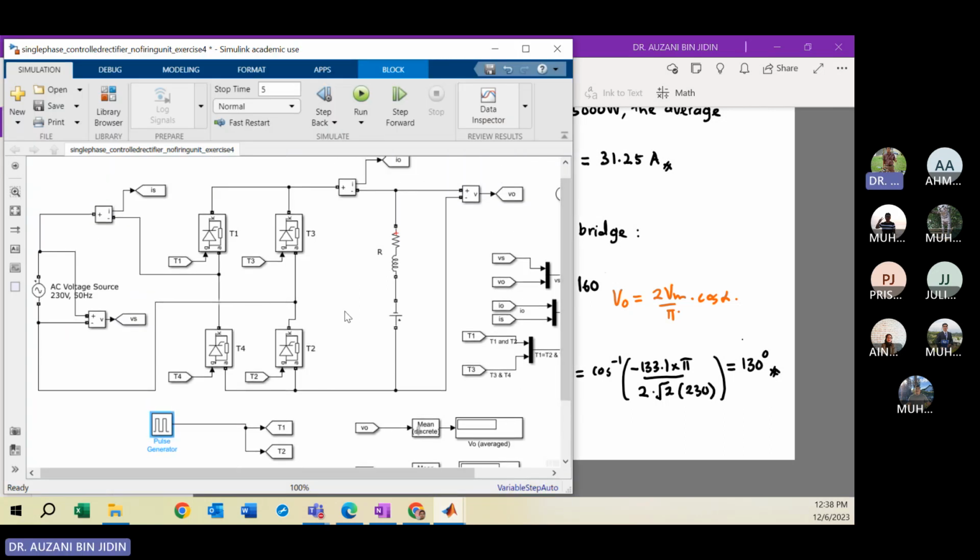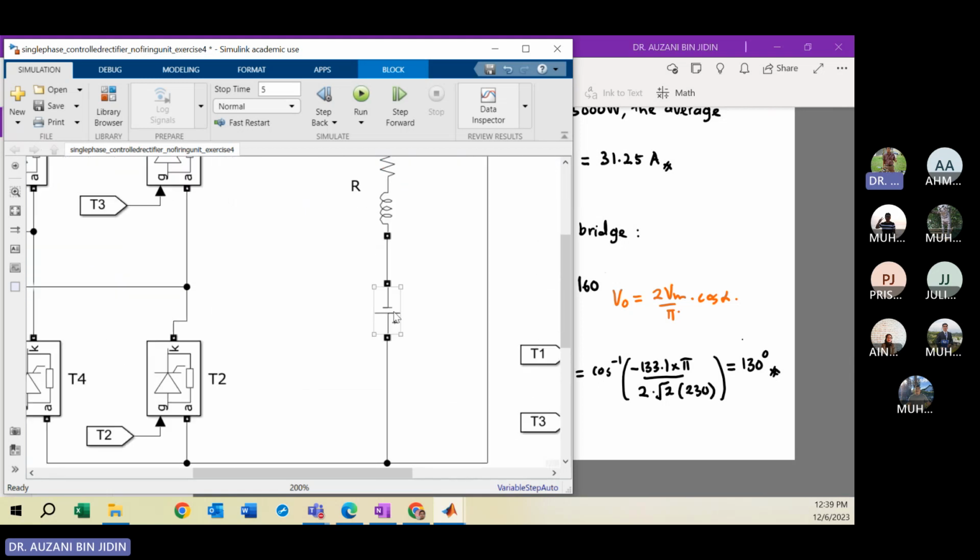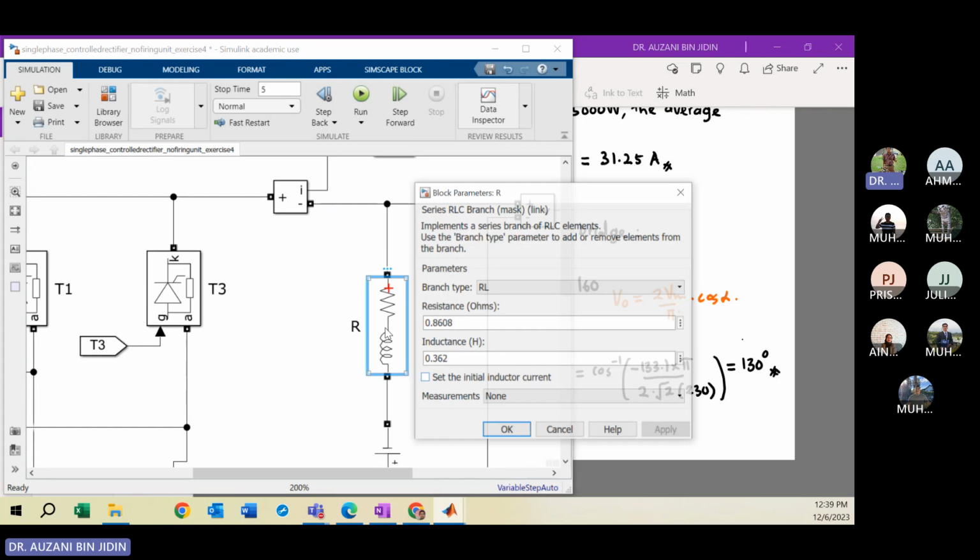Your bridge. Make sure the polarity of the DC source is the right way, plus at the bottom, minus at the top. Your value of RL: remember your R is 0.86. Your designed L, the required L, is 0.362.